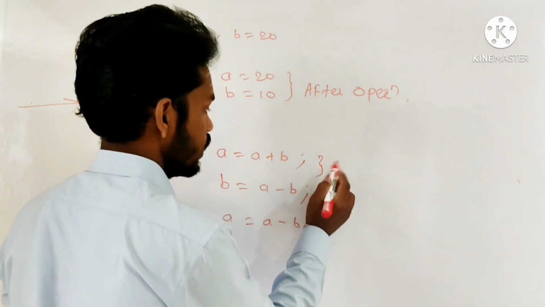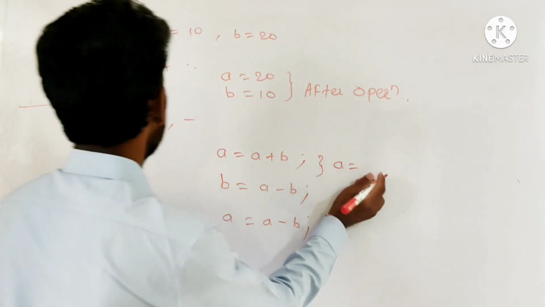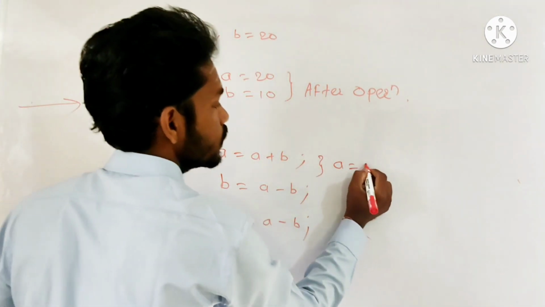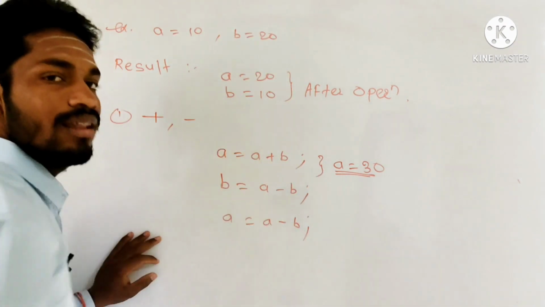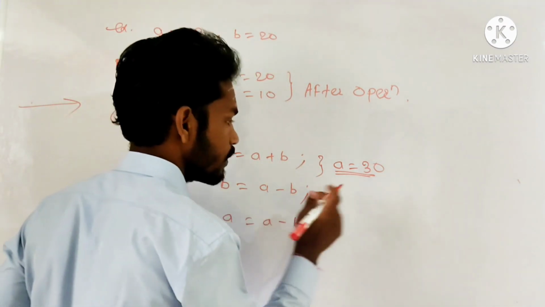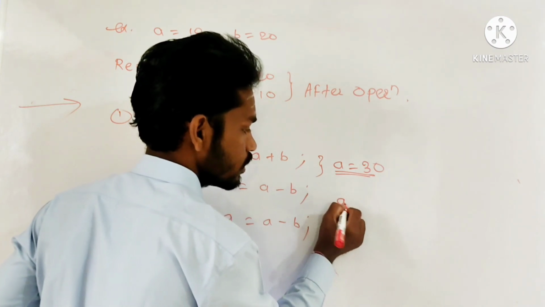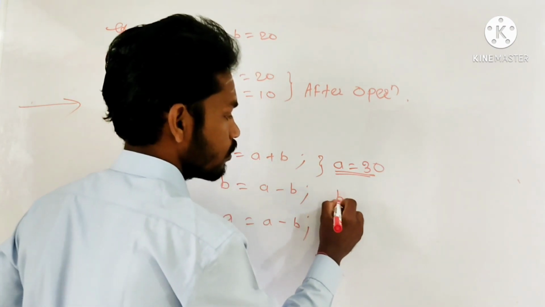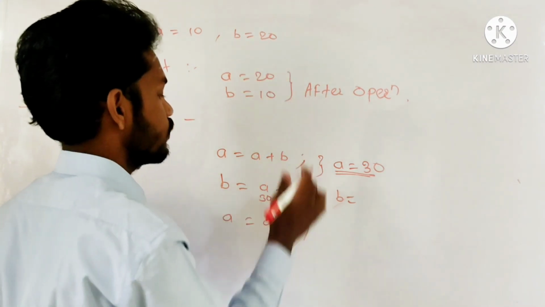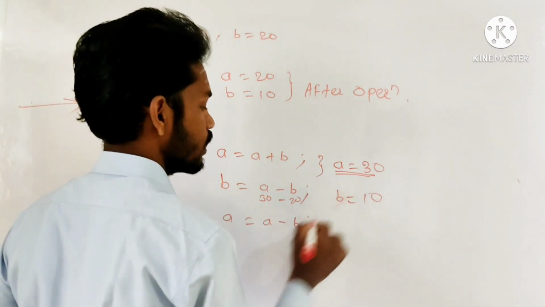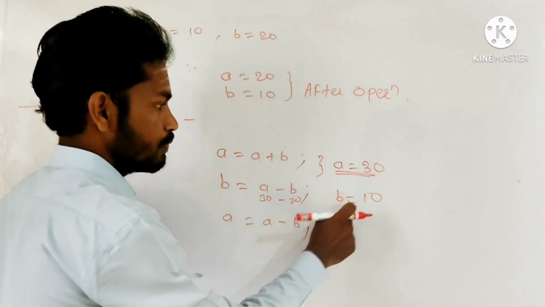See here, a is equal to a plus b means a is equal to 10 plus 20, that is 30. A becomes 30. B is still 20 only. Now b is equal to a minus b. A is 30 minus b is 20, so b becomes 10.